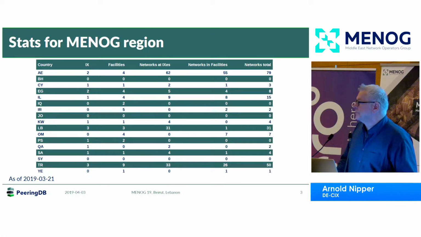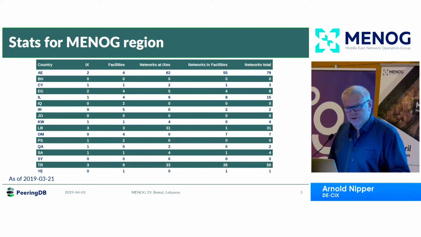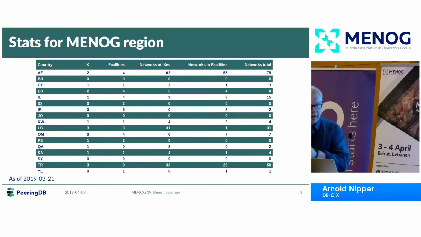So what I did is I compiled information for the MENOG region, and what you see over here is first the country. This is the two-letter country code for the region over here. The next thing I did is I counted the number of IXs. The next is the number of facilities, that means colocation centers.